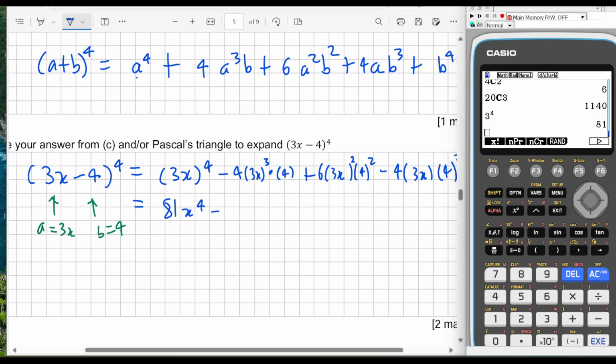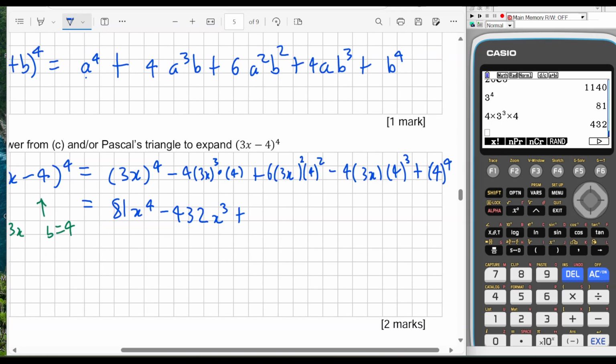Now, I want to do all the numbers here. So I've got a 4, I've got a 3 cubed, and then I've got another 4. So that's 432. And I've still got an x cubed in that term. 6, I've got 3 squared, and I've got 4 squared. So that's 864.